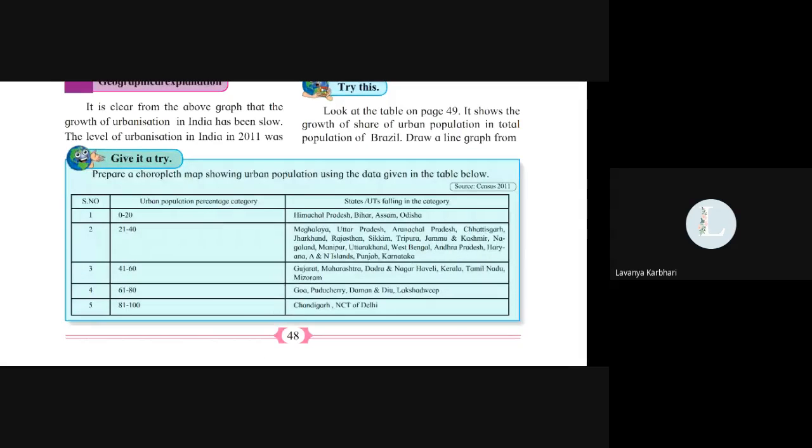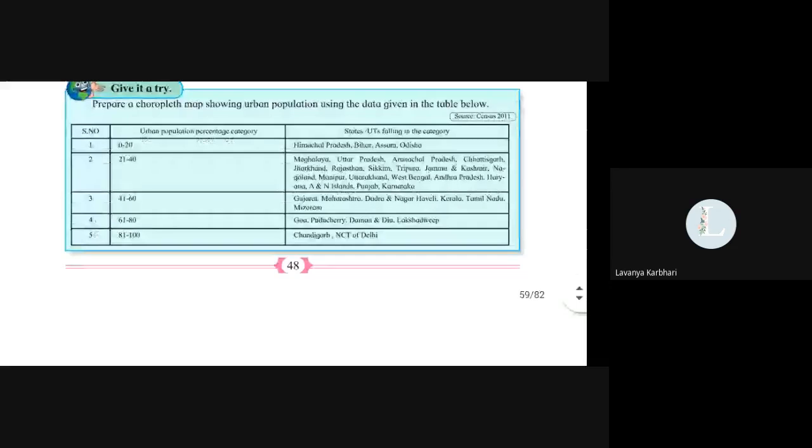From 21 to 40 there are many states, almost 10 to 15 states. Then 41 to 60. So easily you can do that. All this data is taken from Census 2011.